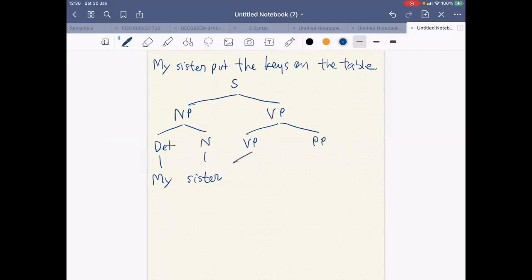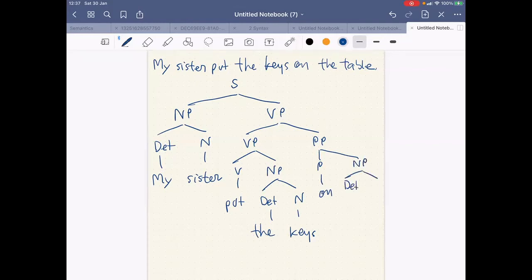So here we will have V for put, and NP, where we have determiner and noun for the keys. For the PP, we will have P, which is on, and the NP, where we have the determiner and the noun table. All right, so my sister put the keys on the table.